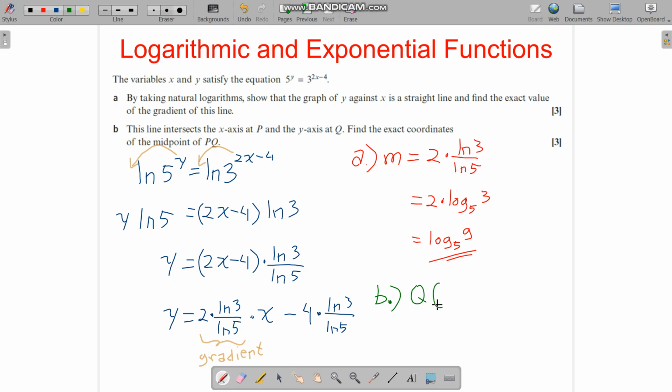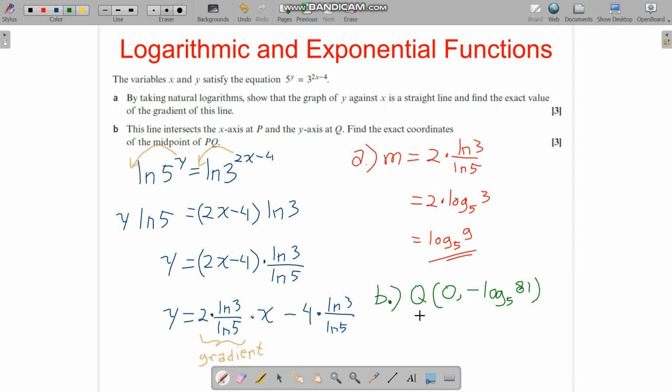So Q is when x equals 0, the y equals a negative. Using the same kind of rule here, we have 3 to the power 4, so it's actually minus log of 3 to the power 4, which is 81, base 5.